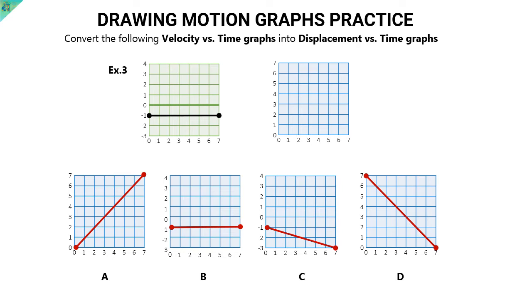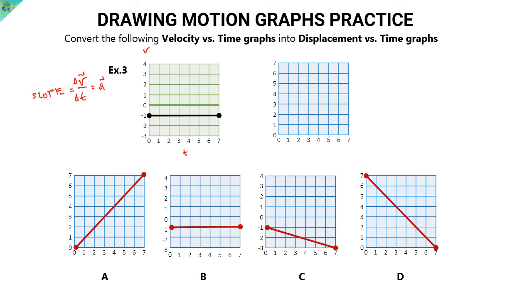Okay, let us just first recall that the slope of velocity versus time graph indicates v over t, or the change in v over the change in time, which means acceleration.